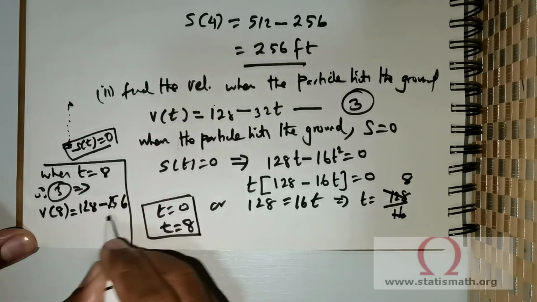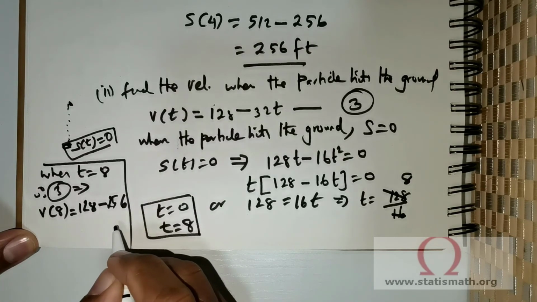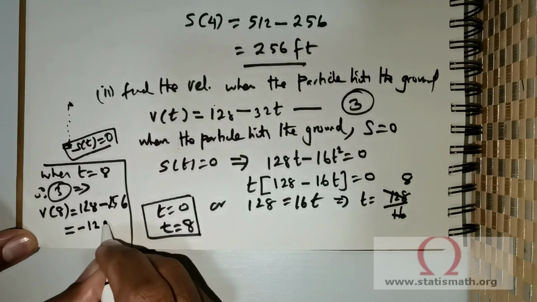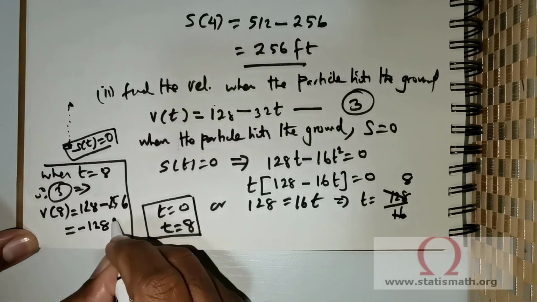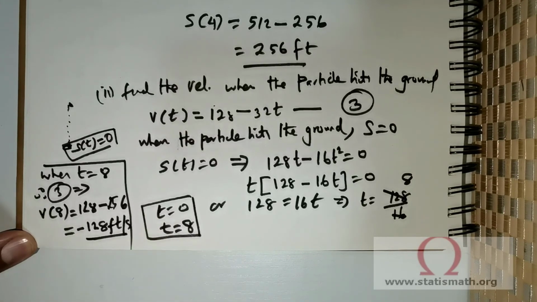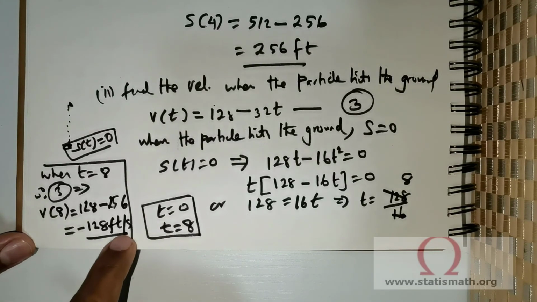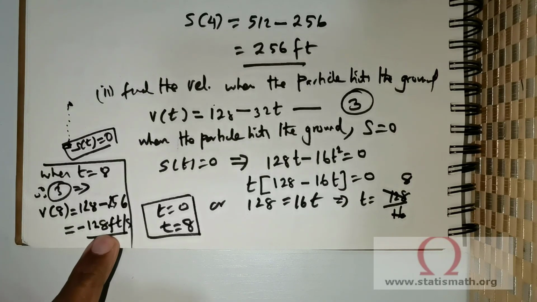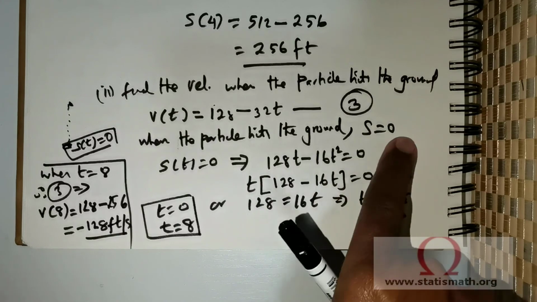So I get 128 minus 256. So that is going to give me negative 128. And for velocity you have to write feet per second because that is the unit that's been used in the question. So this will be the final answer, when s is equal to 0.